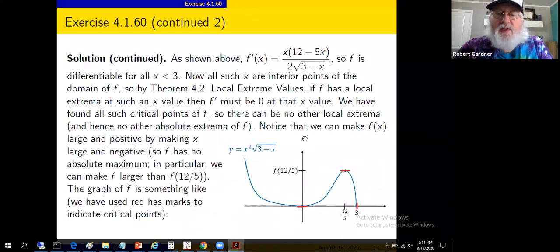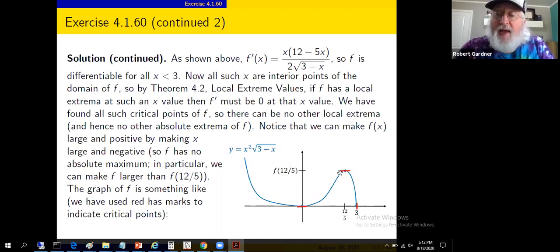This one's involved. Let's look at the picture here. I want to talk about what happens over here in the negative realm. What happens for x less than 0? Let's see, differentiable for x less than 3. All x interior points in the domain of f, which we have local extrema, will have a derivative of 0.